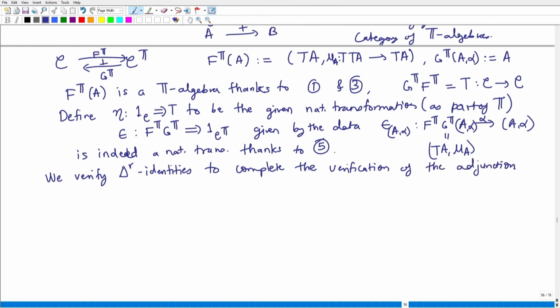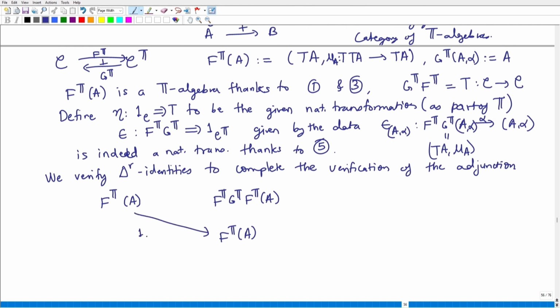Okay, so what are triangular identities? I am not going to write it in the functorial form. I will directly write it by applying those functors to objects. Yeah, so FTA to FT GT FTA, and here I have FTA.